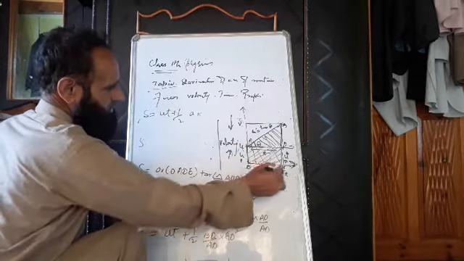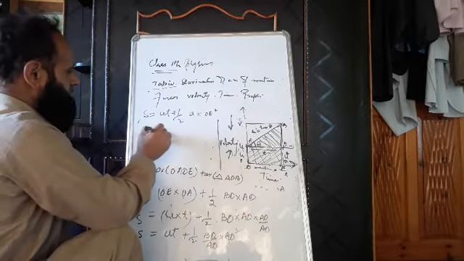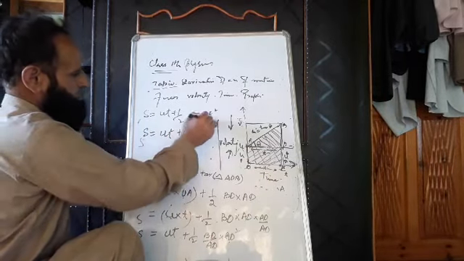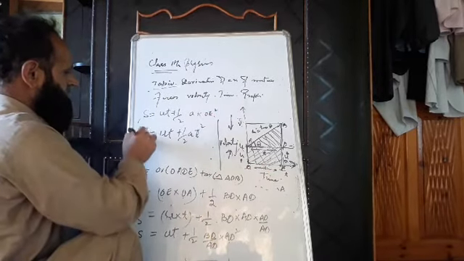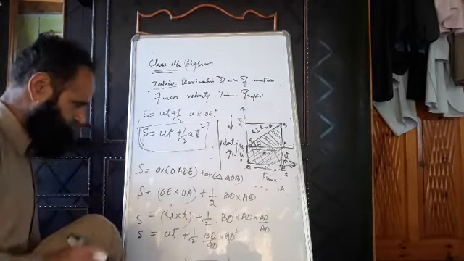AD square we can take equal to OE square, which is t square. So S is equal to ut plus 1/2 of a t square.